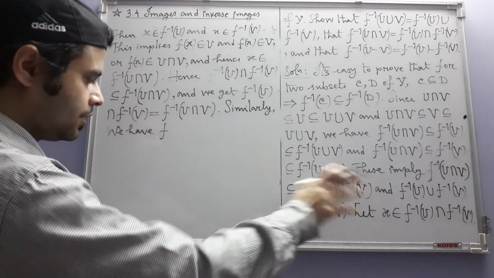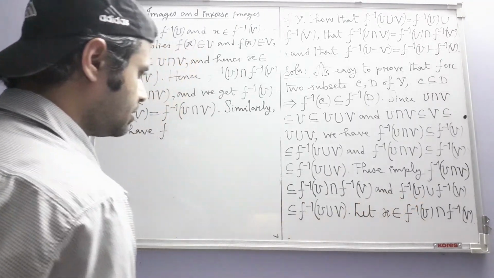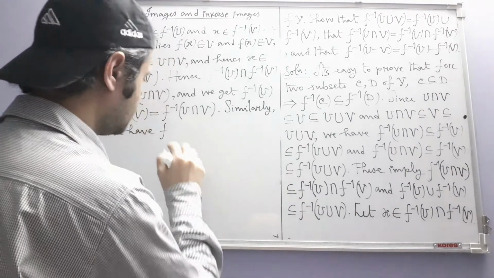We can write equality at once, but let us write the opposite relation of this one.